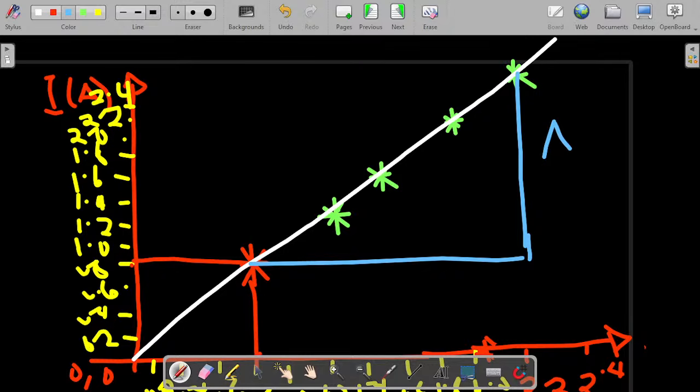I'm going to have 1.5 over 1.5. What are we having? That will give us 1.0. But you have to put the unit. The numerator is what? Ampere. Denominator is what? Volt. Are you seeing it? So the unit will be ampere per volt. You must put the unit, otherwise you're going to lose a mark. So the unit now is 1.0 ampere per volt. So that is for the slope.